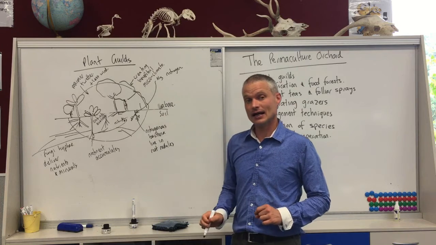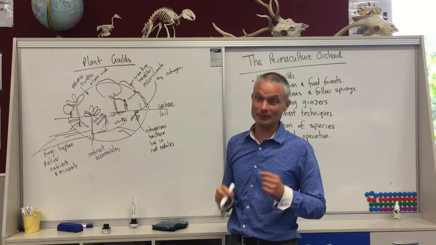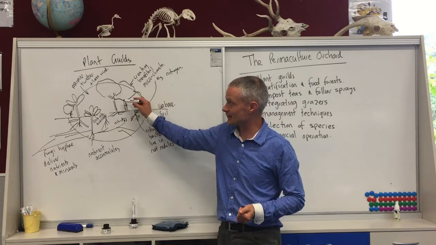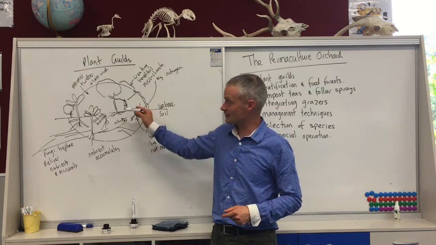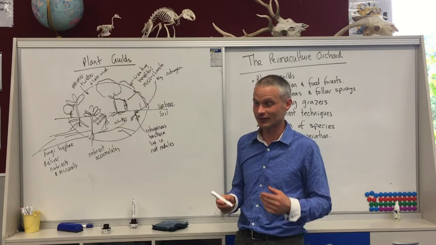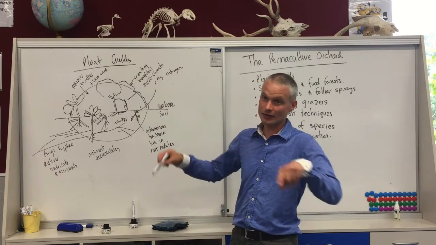So they might not necessarily be good for all the plants because they might be eating the plants, but by eating some of the plants and then returning a lot of those nutrients back into this ecosystem in their feces or their poos and wees, they are making those nutrients available to the other plants in the system.